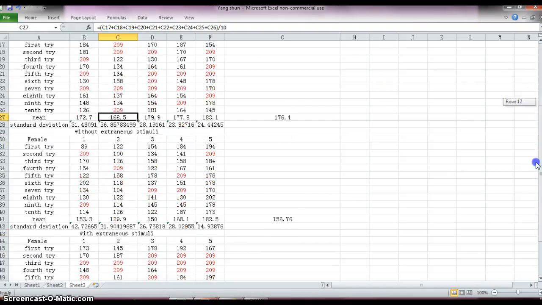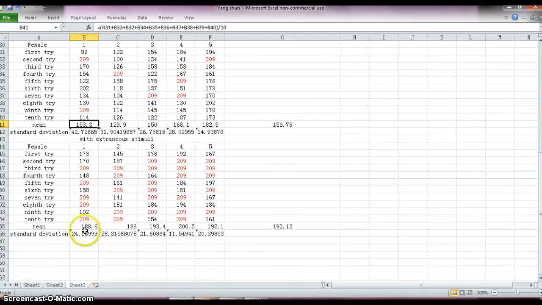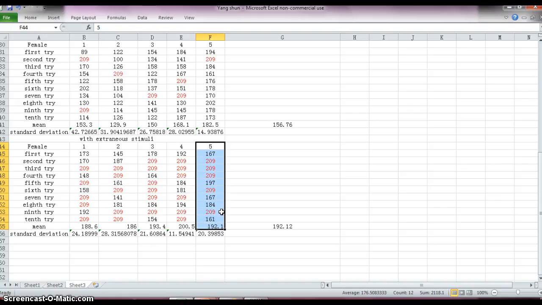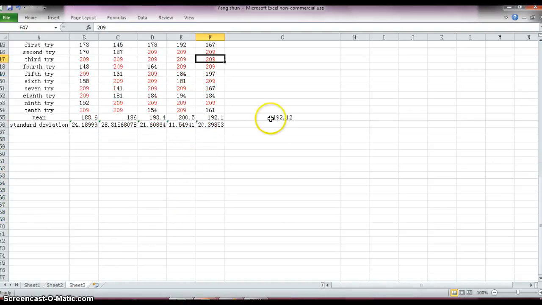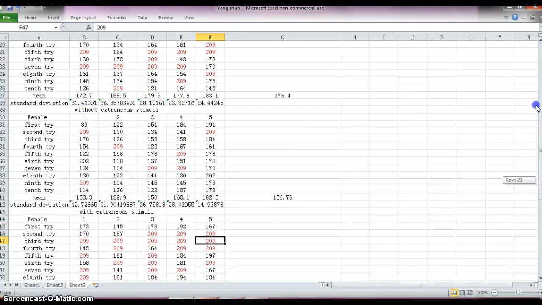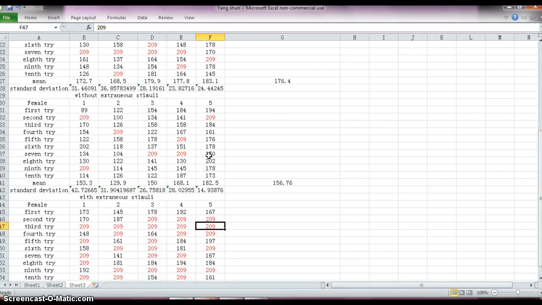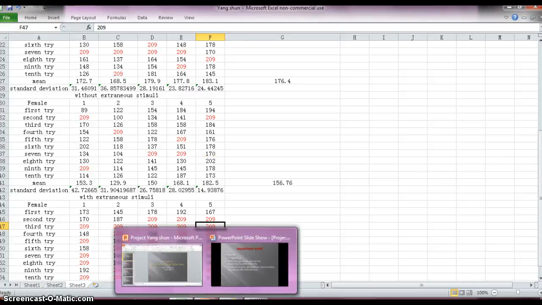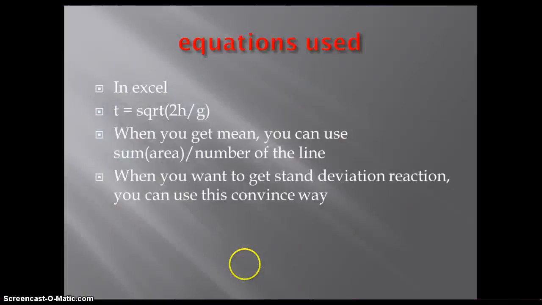Also in females, the differences are just 30, 60, 40, 40, 10. Actually, this one has a slow reaction, so you can see that with or without stimuli isn't too different. Let's go back to the PowerPoint.